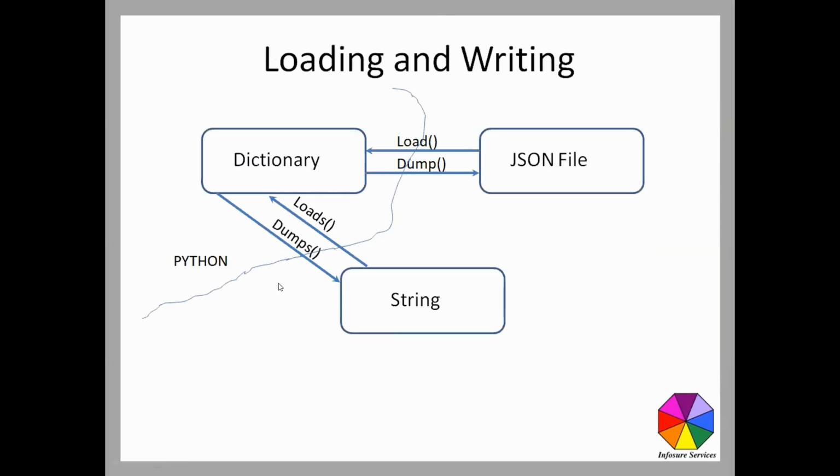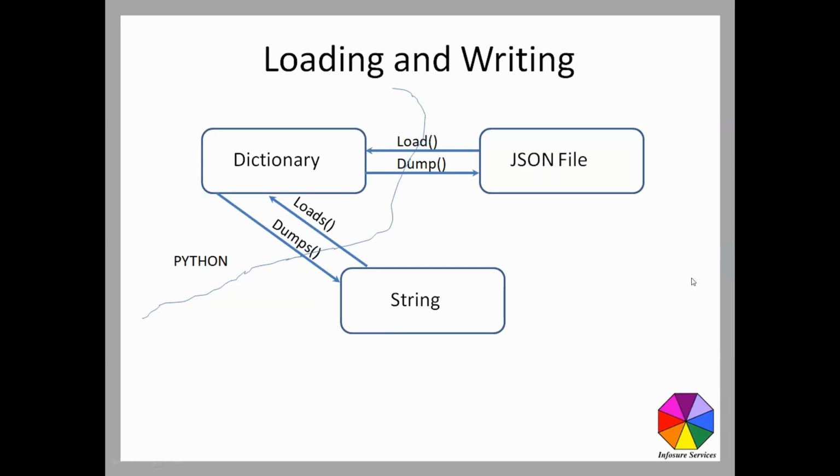So here is a schematic of that. When you have a JSON file, you can load data into the Python dictionary, and dump to a JSON file with the dump method. From a Python dictionary, you can do dumps to a string, and that string is sent across to the other system.